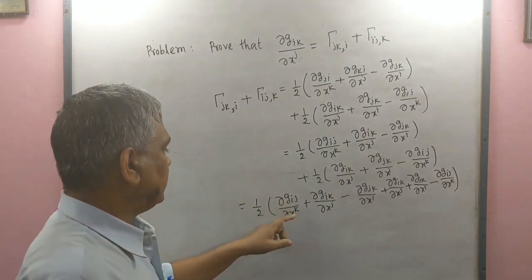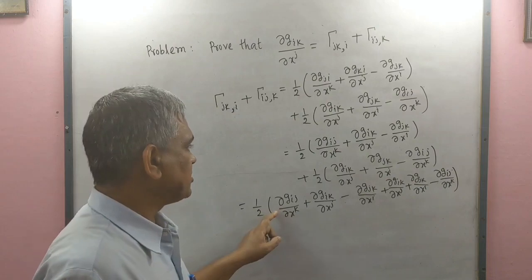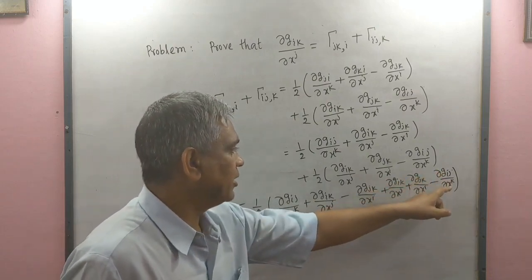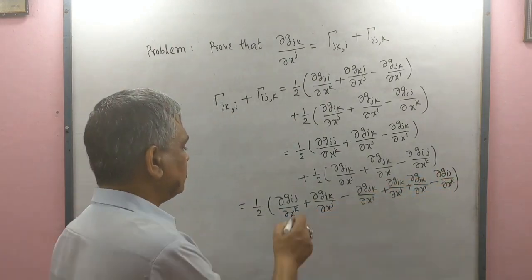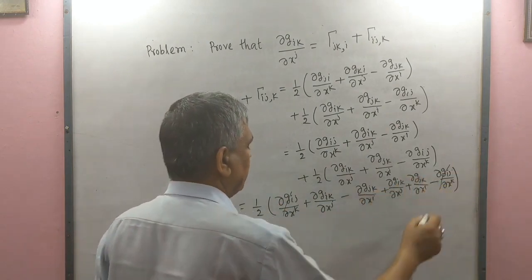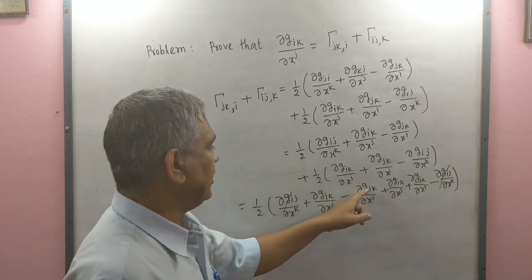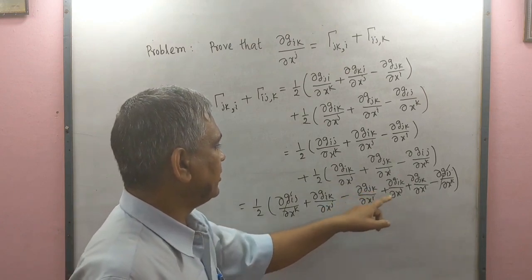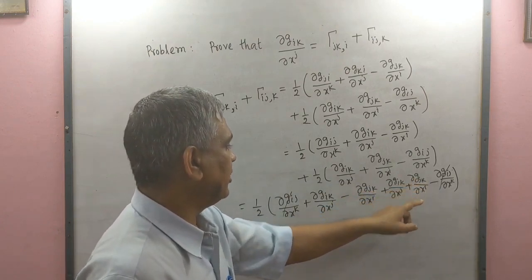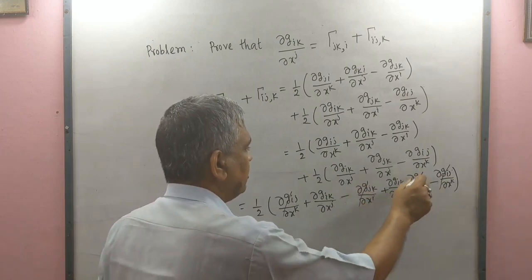Here del G ik by del xk plus and minus del G ij by del xk. So this and this cancel out. Again, here minus del G jk by del xi, here plus del G jk by del xi. This also cancels out.